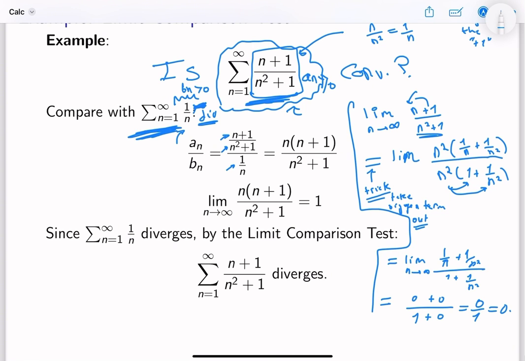Now, multiplying the far by far and the close by close, you get that this is n times n plus 1 over n squared plus 1, because you're multiplying n squared plus 1 by 1 in this case. Now, you need the limit of this, because this is what's going to tell you whether or not the limit comparison test can be applied.